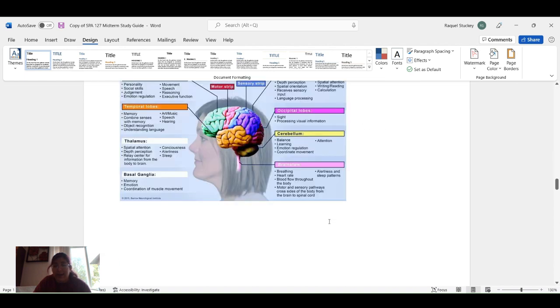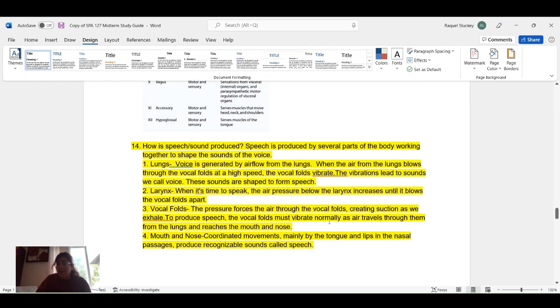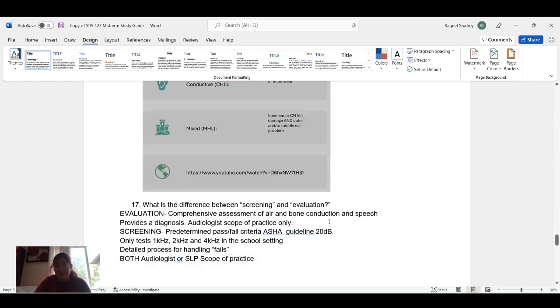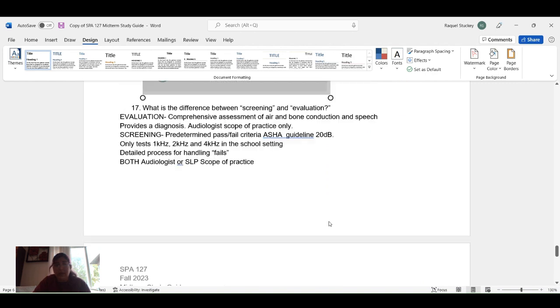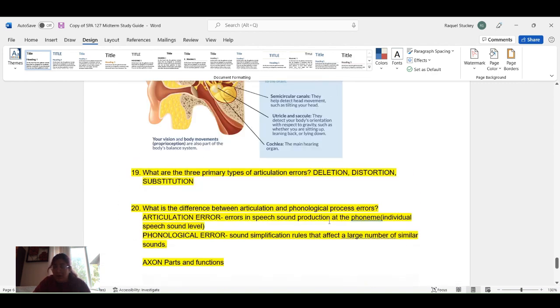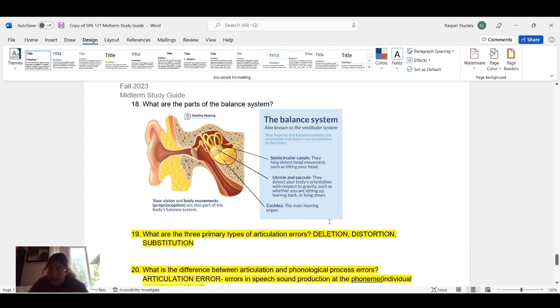Balance system, aka your vestibular system. Hearing and balance systems are connected and share a nerve pathway to the brain.